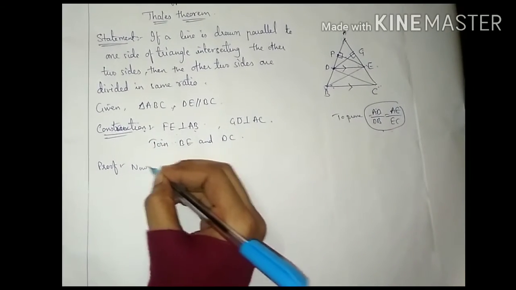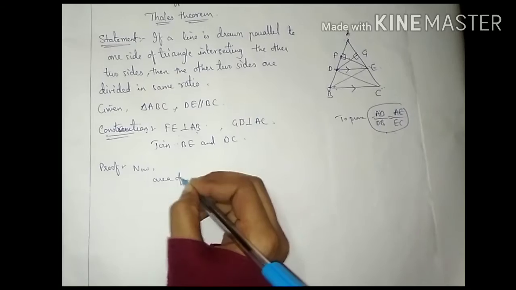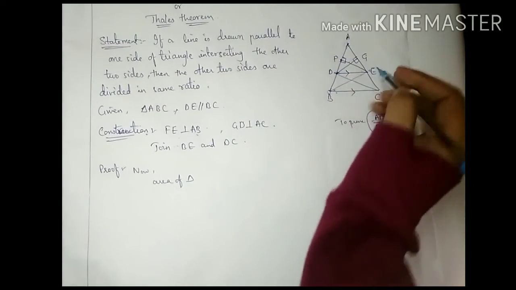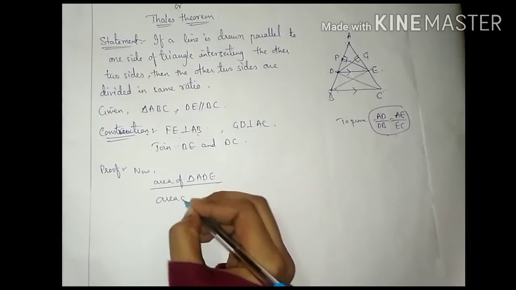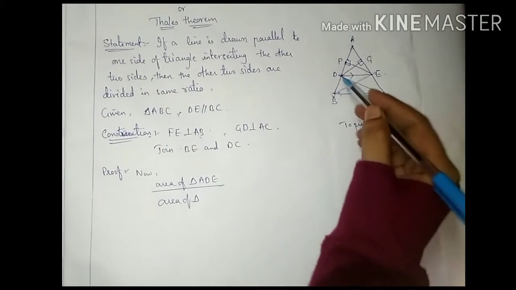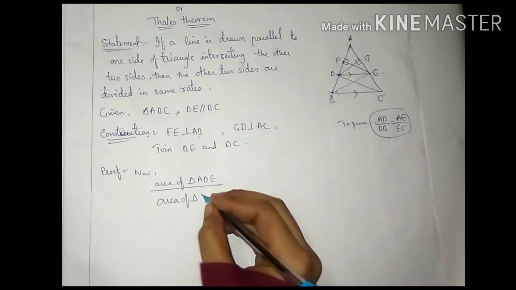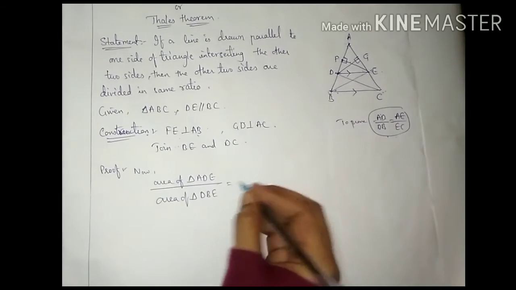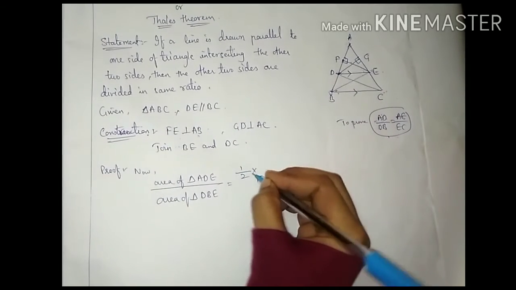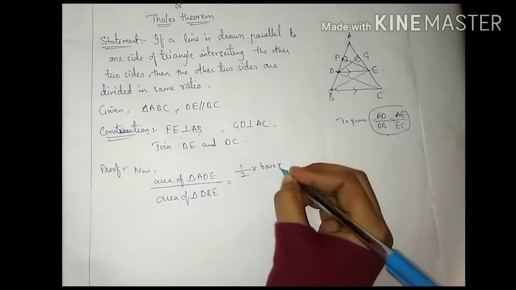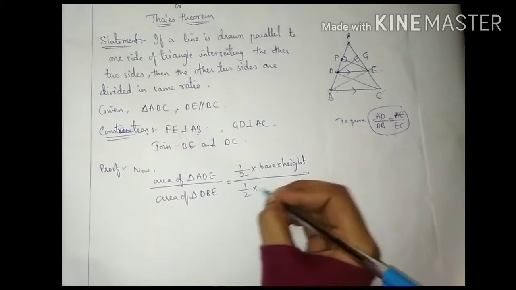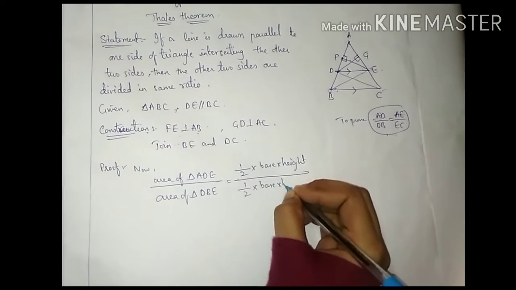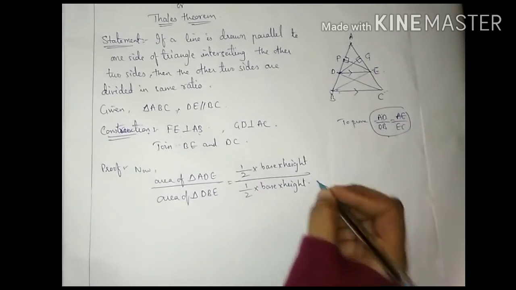Area of triangle ADE by area of triangle DBE. You know the formula for the area of a triangle: half into base into height.